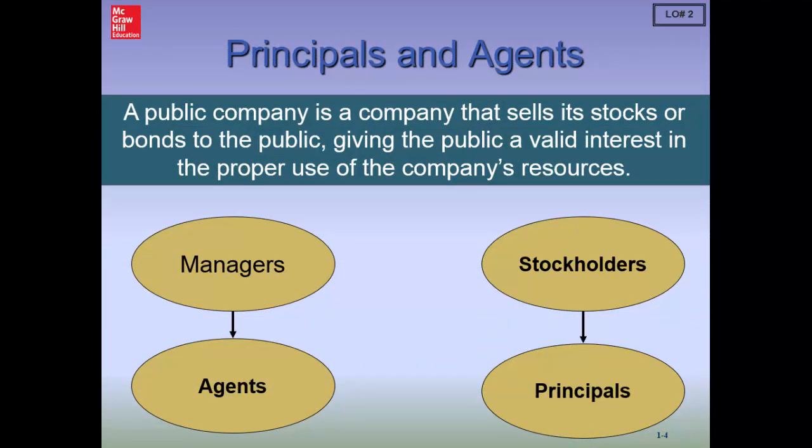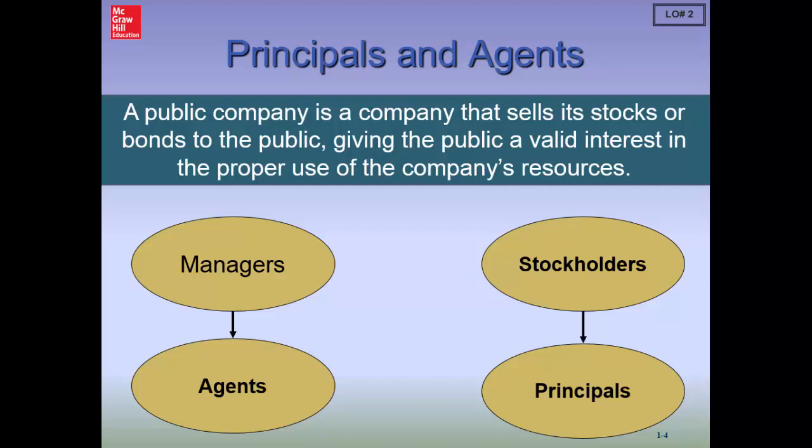Before we begin, we need to understand the context of the audit. And the best way to understand the context of the audit is to consider it from the perspective of the agency theory. The agency theory essentially explains the fact that there are two groups within an organization. There are the principals. The principals are stockholders or owners of the corporations.